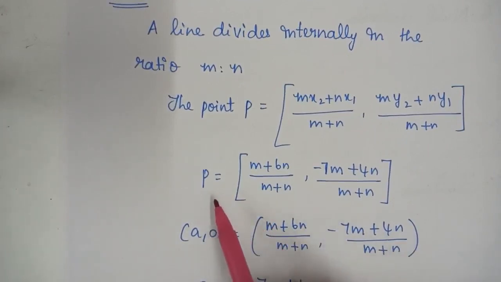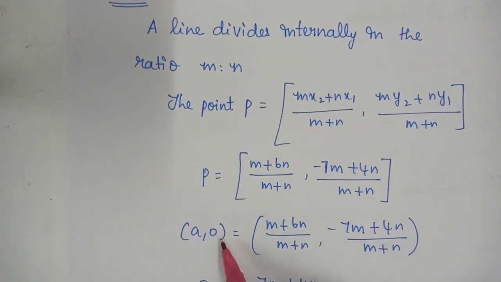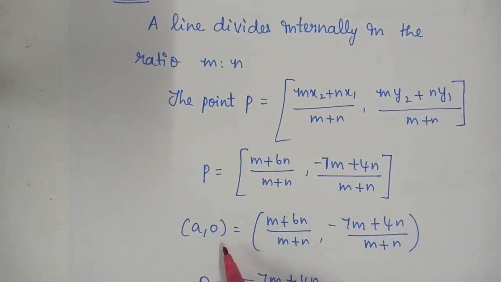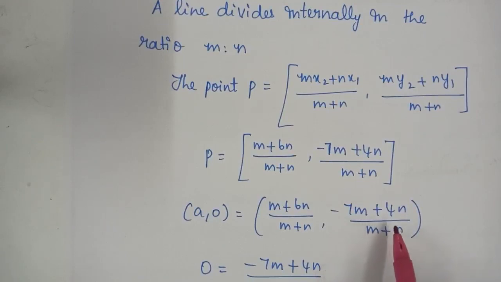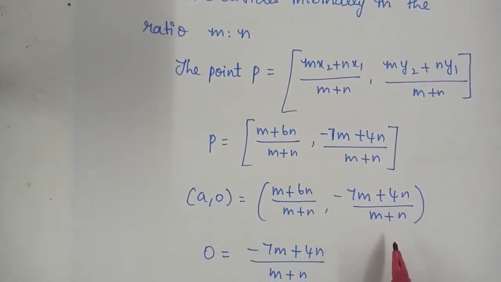So the point P is (a,0) because it lies on the x-axis, so the y coordinate is 0.